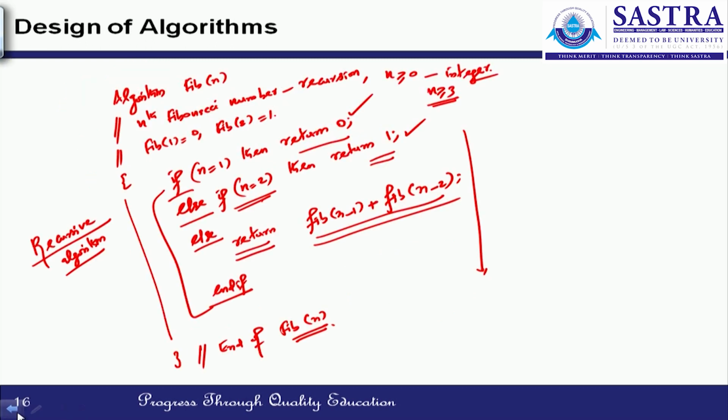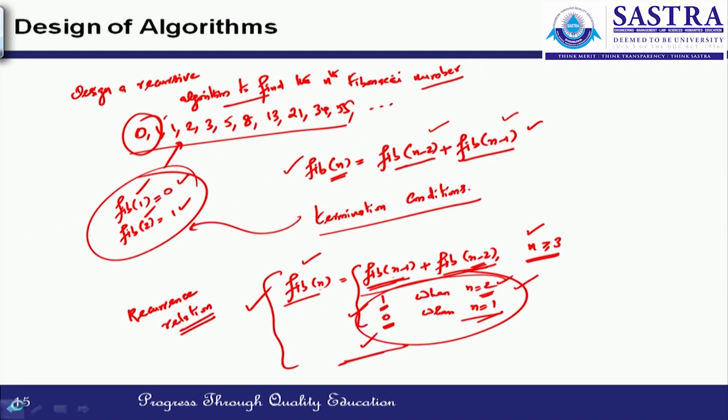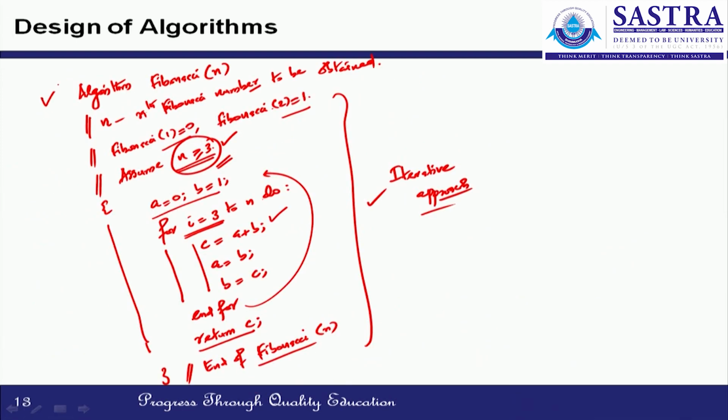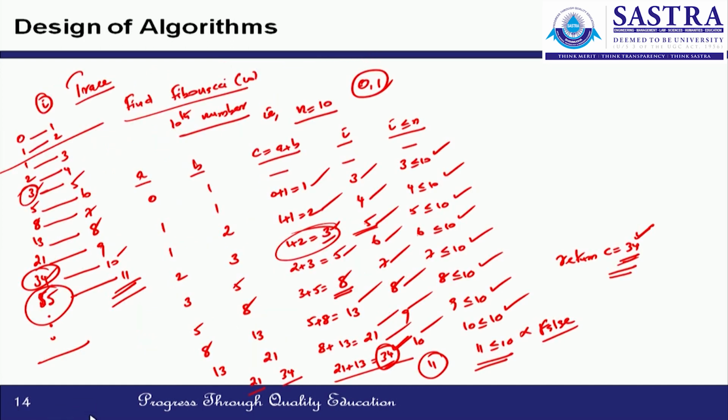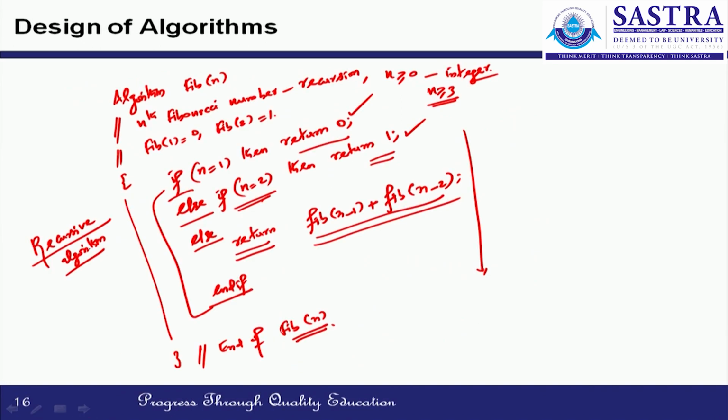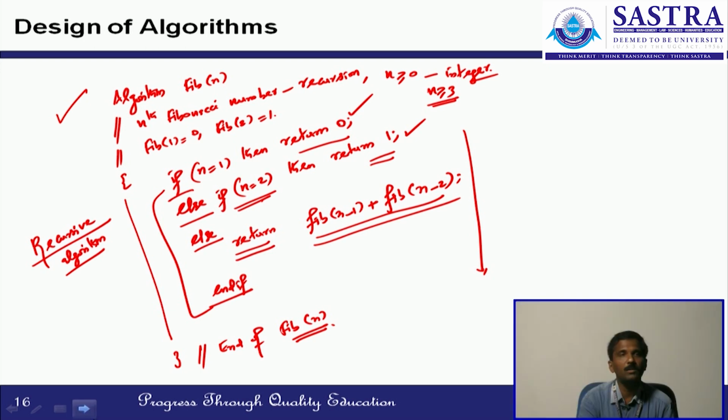Whichever it is, the iterative version of finding the nth Fibonacci number, algorithm Fibonacci of n, or the recursive algorithm as we designed here, algorithm fib of n, either the iterative algorithm or the recursive algorithm, both algorithms are producing the correct result.